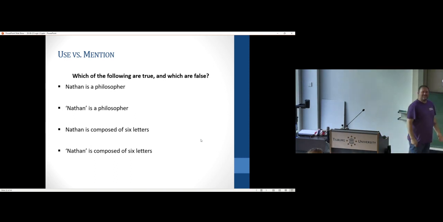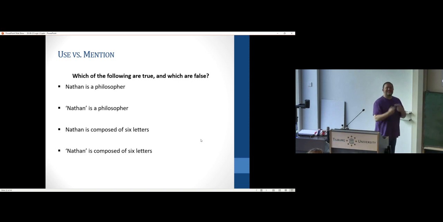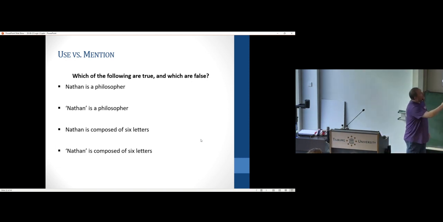But you're referring to the word when you're talking about how many letters it is. Nice, right? So another way to put it, if we're playing this kind of grammar game, I am the subject of the first sentence. Me, this meat bag, right? My name is the subject of the second one. I am the subject of the third one. My name is the subject of the fourth one.